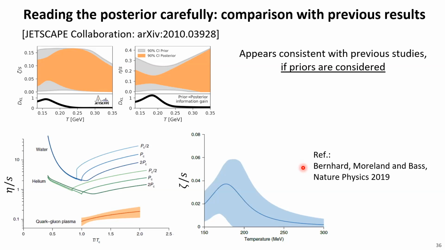And a big part of it appears to be the choice of prior. The choice of prior was not shown here, but our understanding is that the prior actually hugs very much this region. So essentially, what was shown here is not that bulk viscosity needs to be small, but that if you assume that bulk viscosity is small in this region, your posterior will simply fill this region as well.